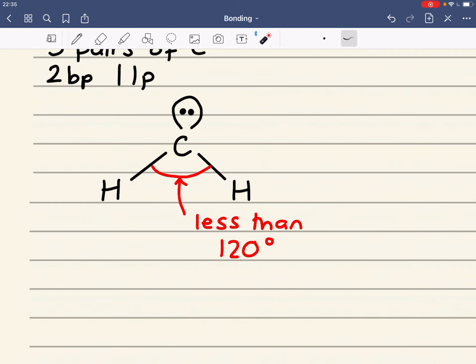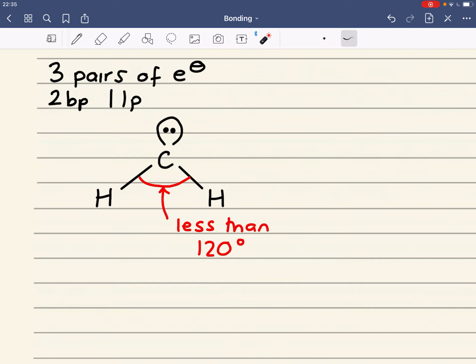They would give you quite a wide range. You've just basically got to realise that it's less than 120 degrees. The name of the shape is based on the shape formed by the bonding pairs. So looking at the shape based on this molecule here, we call that a bent shape.